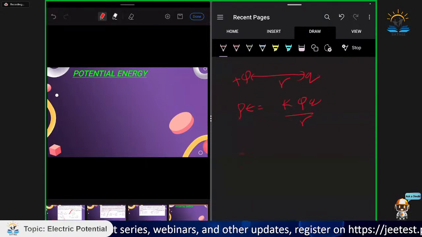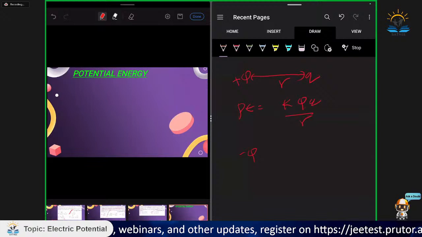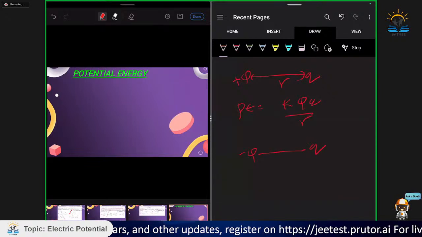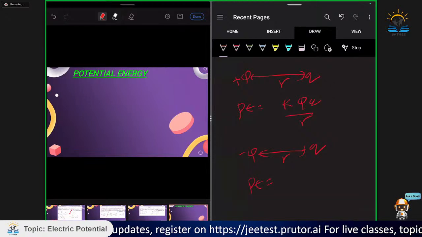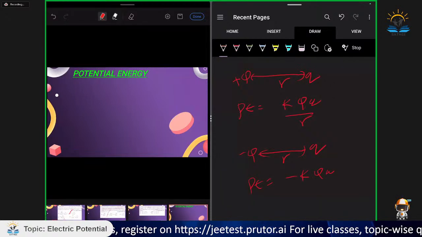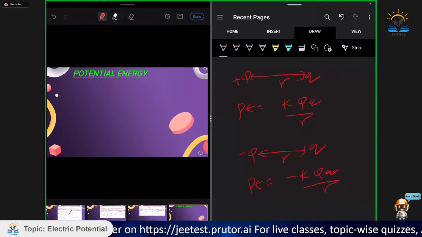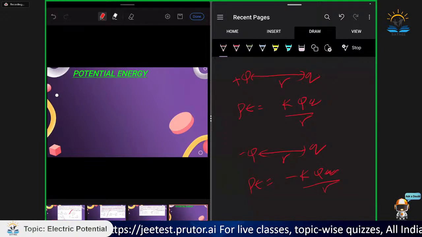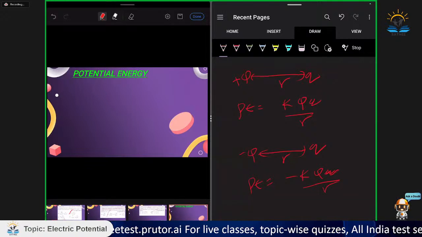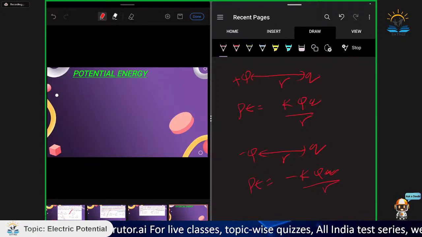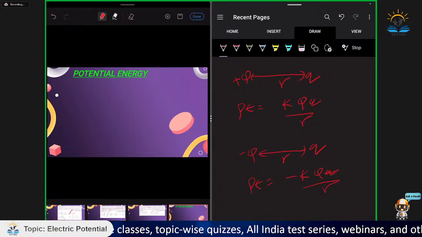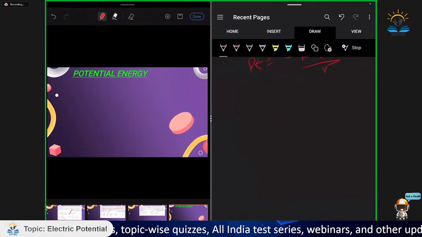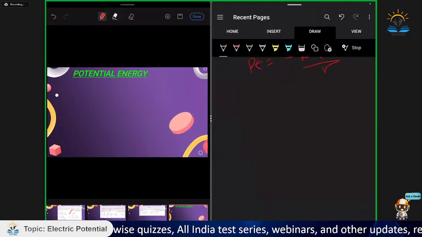If it is a minus Q separated by distance R, potential energy will be minus KQ by R. We know that change in potential energy is equal to minus of work done by the conservative force. Change in potential energy is equal to work done by an external agent. I've discussed it in the earlier part.